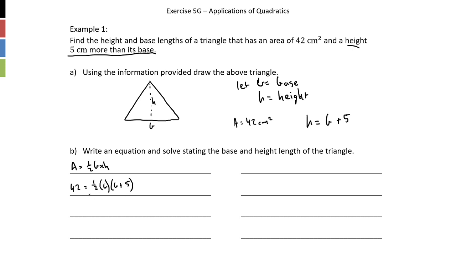I'm going to actually multiply the 2 across instead of dealing with a half on that side. And then use the distributive law, we get b squared plus 5b. And then we get b squared plus 5b minus 84 equals 0.